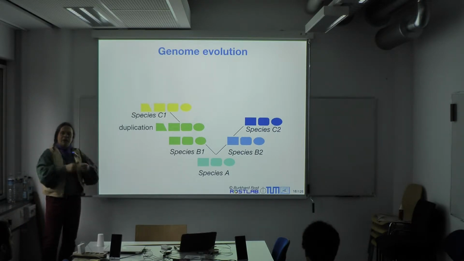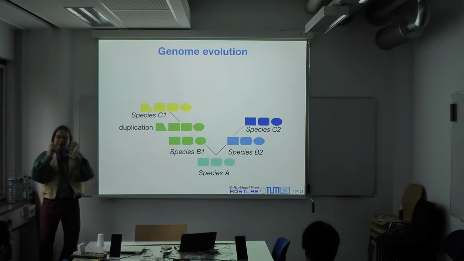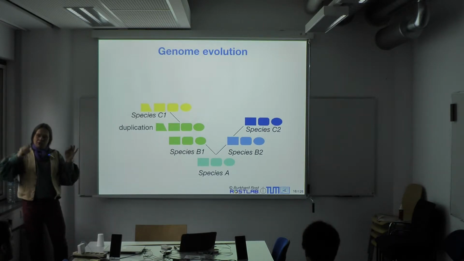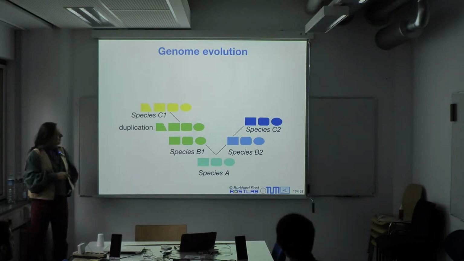So you gain a new copy with which you can play. And if it brings you an advantage, the advantage can be twofold. It can be the advantage of doing the same thing as the other one, but twice, so you're more efficient. Or the advantage could be that you do something slightly different, which allows you to mutate and do something new. And this is something that we see all the time.